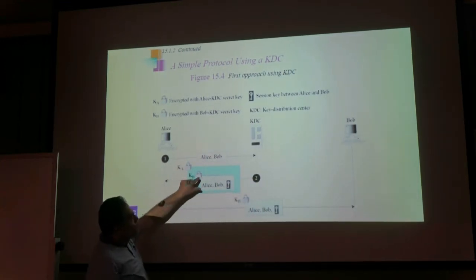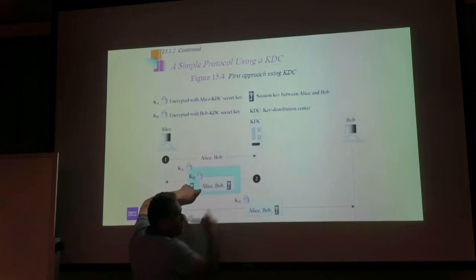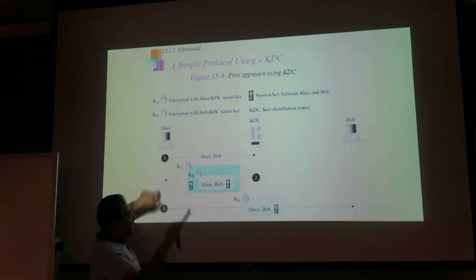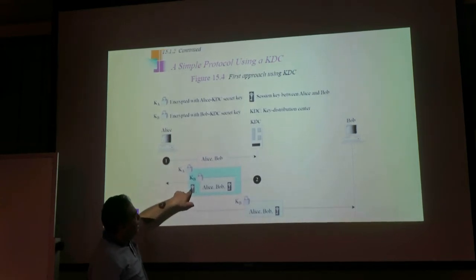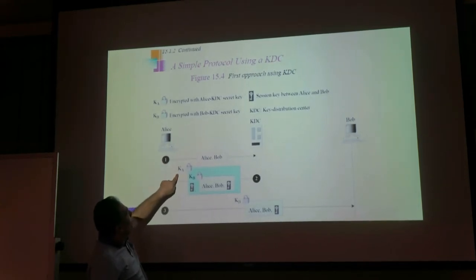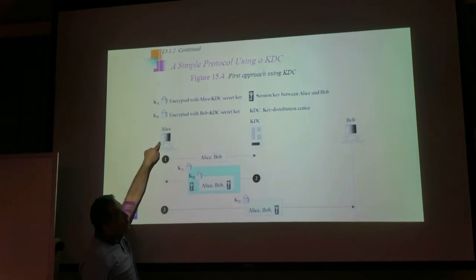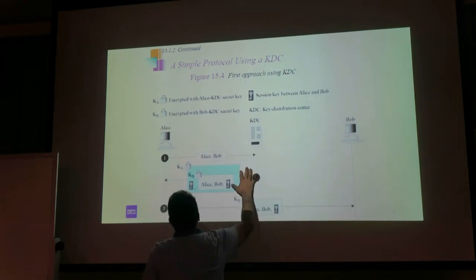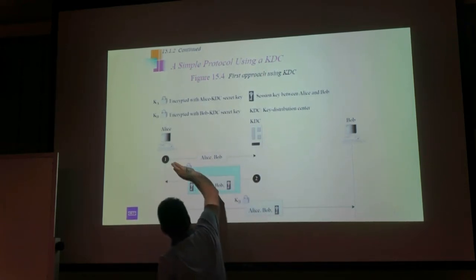So that means when Bob receives this box, will he be able to read it or not? Yes. And everything, including the key, will be encrypted with whom? With Alice's shared key. So this is going to go where? To Alice. Alice will unlock this.